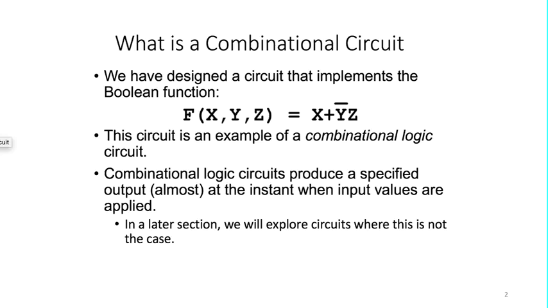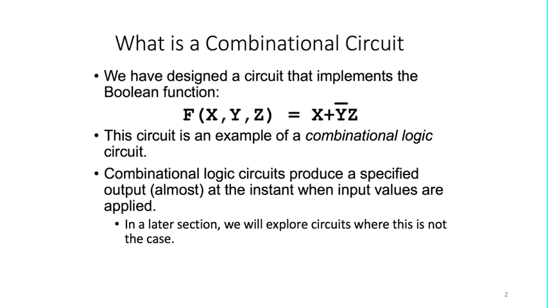In this video, we talk about a combinational circuit. The first question we want to ask: what is a combinational circuit? In the previous video, we designed a circuit that implements a Boolean function, for example, f(x,y,z) equals x OR y NOT z.